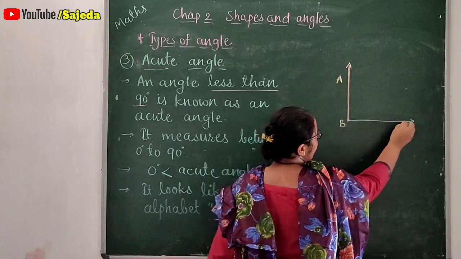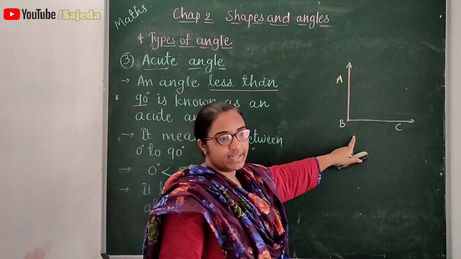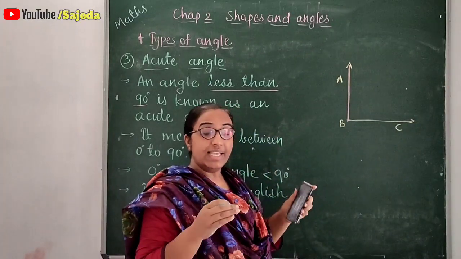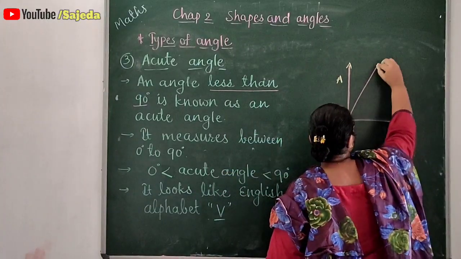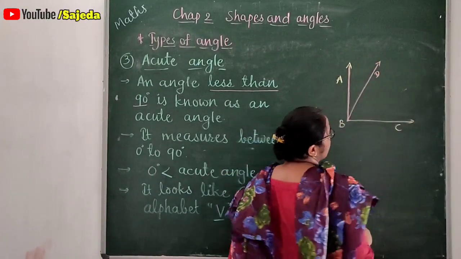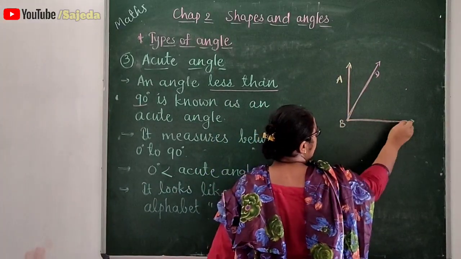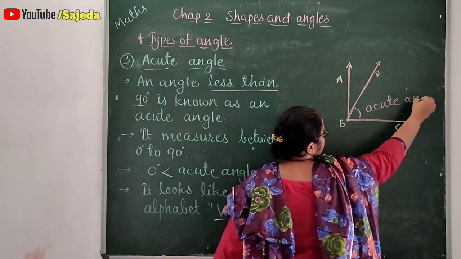This is right angle ABC, exactly 90 degrees. Now as per the definition, an angle of less than a right angle. So if here is another ray BD, now this angle DBC forms an acute angle.